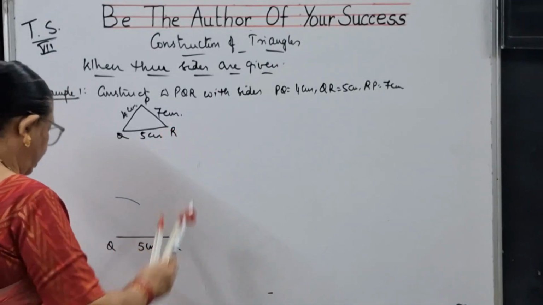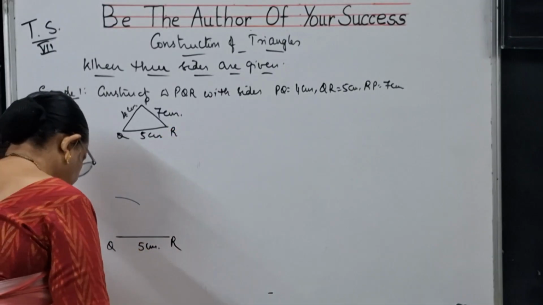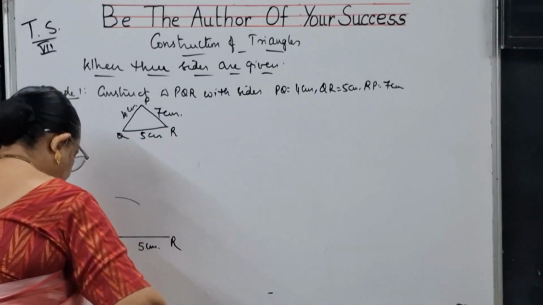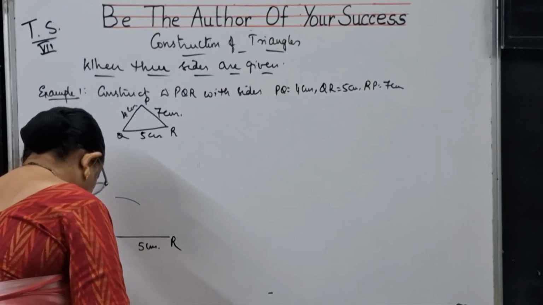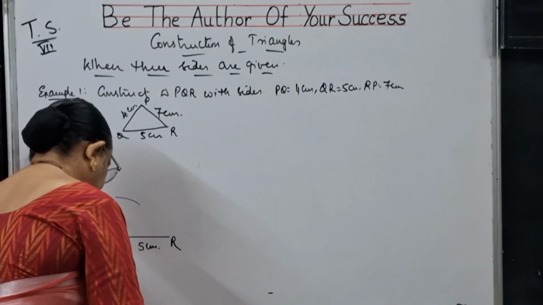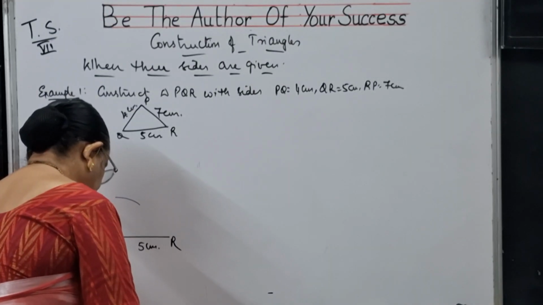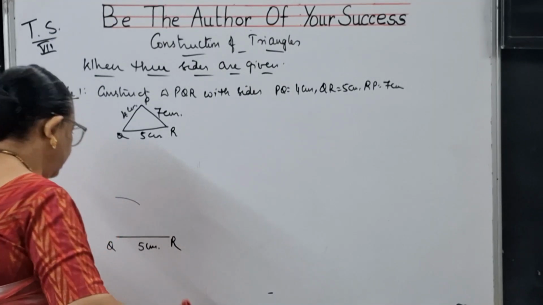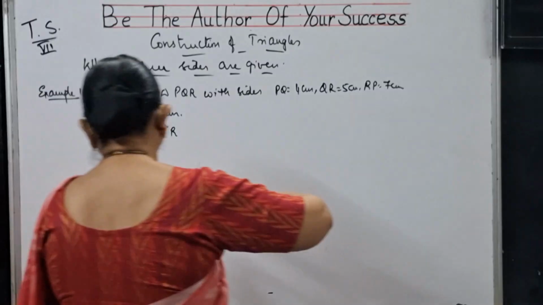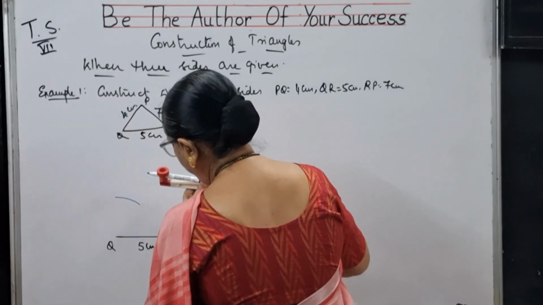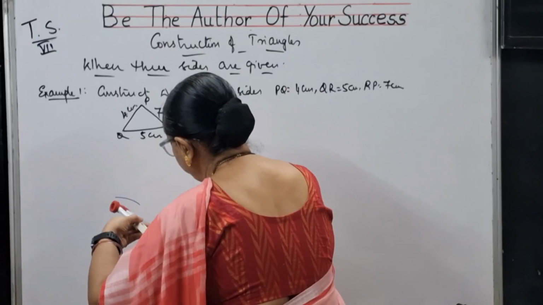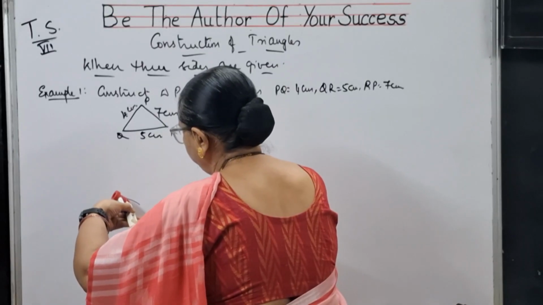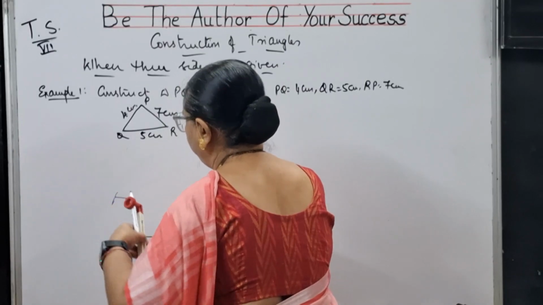Next, R as a center, 7 centimeters as radius, I should cut this arc. So this is R, R as a center. 7 centimeters means I am going to get an arc like this.